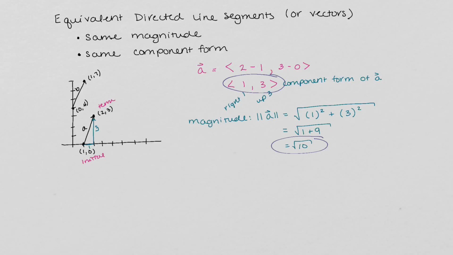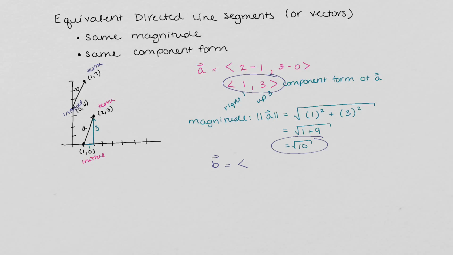All right, so I'm going to calculate these things for B. So vector B, and again, we write vector B with a little arrow over the top of it, indicating that it's a line segment with direction, is equal to, in component form again, I take my terminal point and subtract my initial point. So here my terminal point is the 1, 7. It's our ending point. And my initial point is the 0, 4.